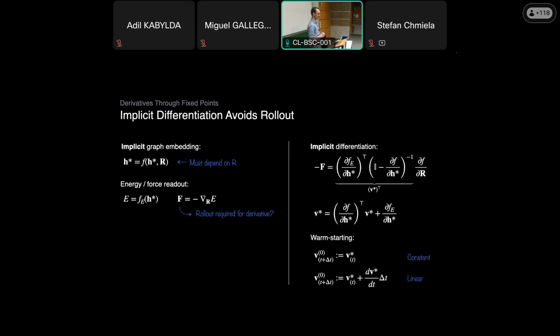So in implicit modeling, we actually have 2 fixed point equations: one for the actual embedding h, and then this other vector v that we can use to generate very efficient forces. And it turns out that both of those equations can be warm started very efficiently, usually within 1 or 2 steps, right? So both the forward and the backward pass work.